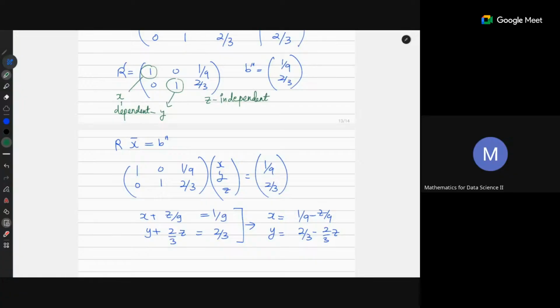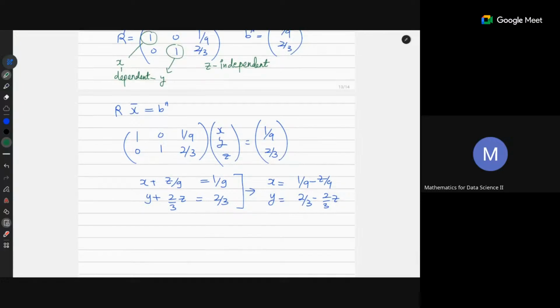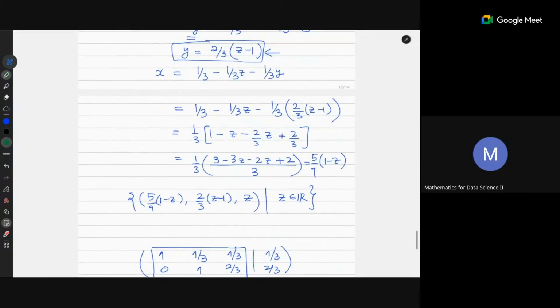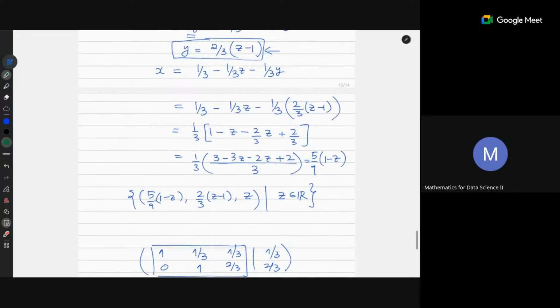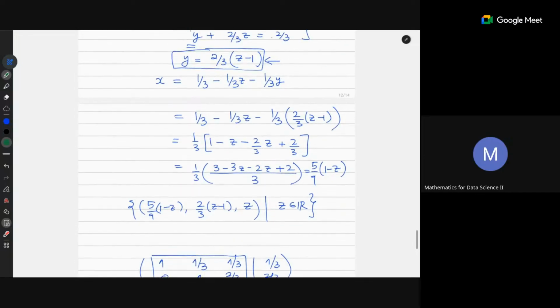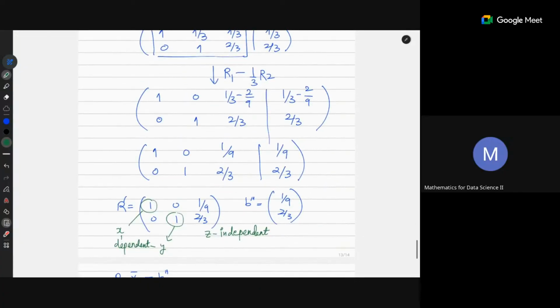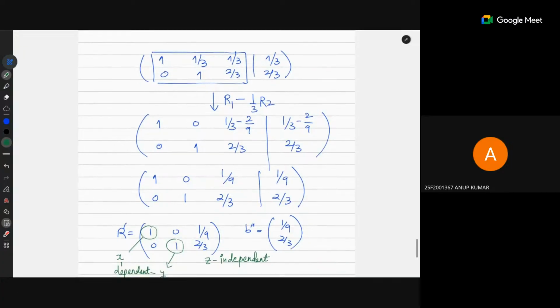All right. So I can express the dependent ones in terms of the independent. You can check that the answer you obtained is different a bit. Have I made a mistake? So there should be 1 minus z.